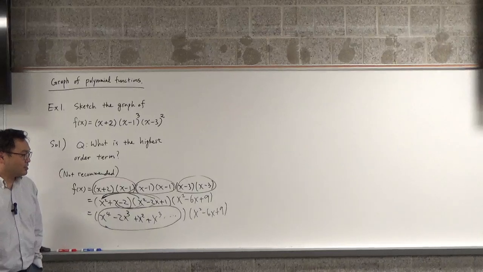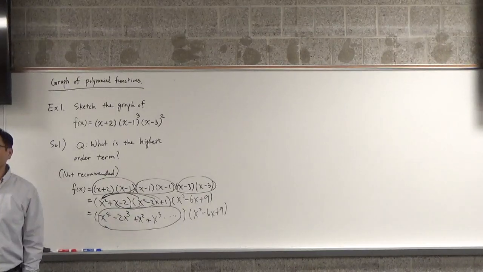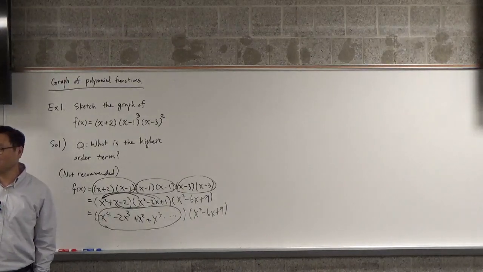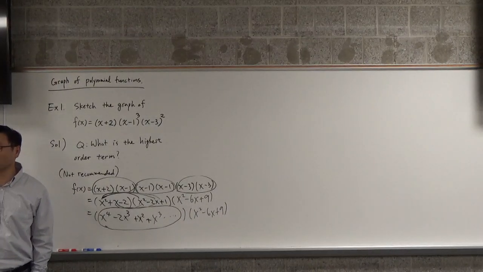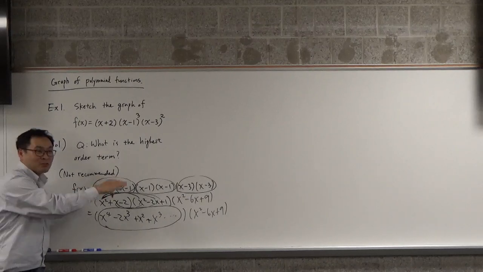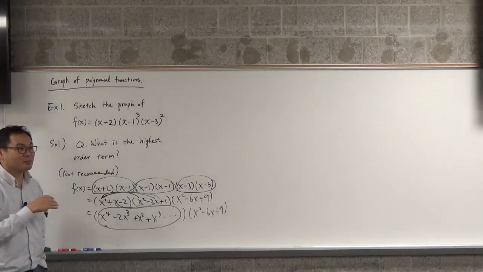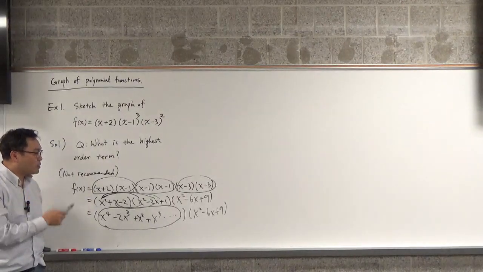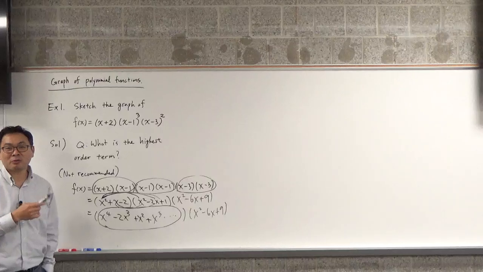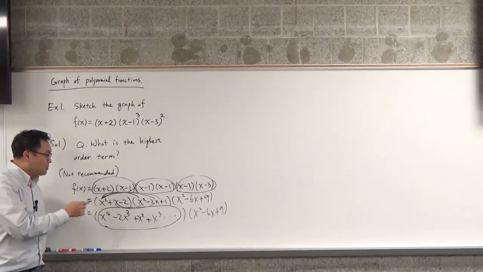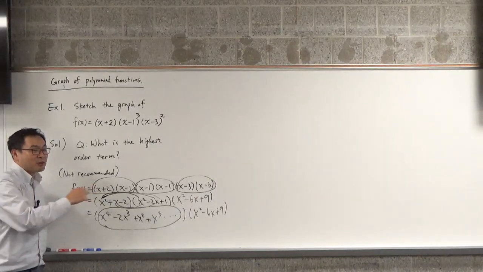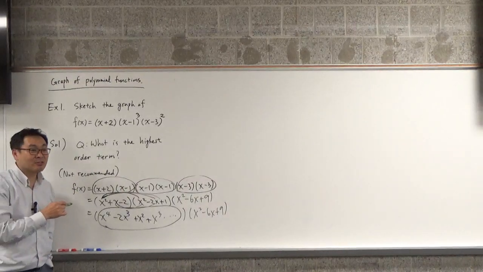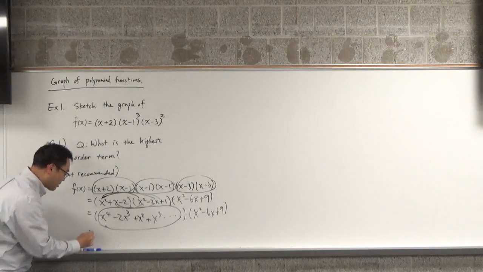But okay, so how many of you were following so far? Okay, I'm not doing rocket science here. I'm just carefully multiplying everything one by one, right? But if you follow this much, then you can probably answer this question. If we patiently multiplied everything out, what will be the highest order term you're going to get? Yes, x to the 6, right?